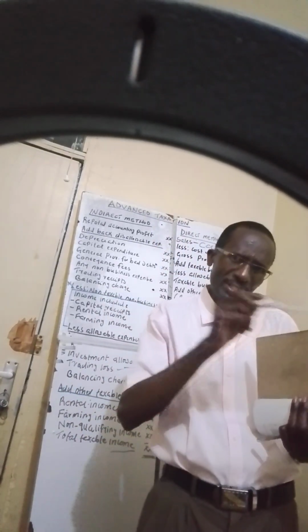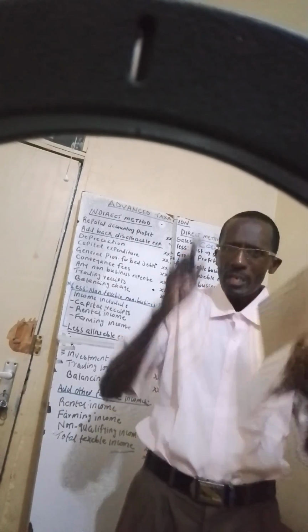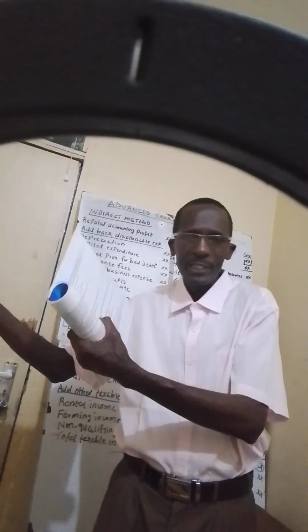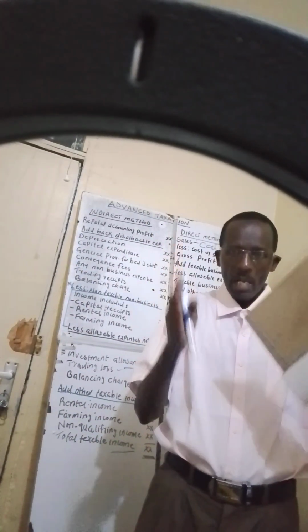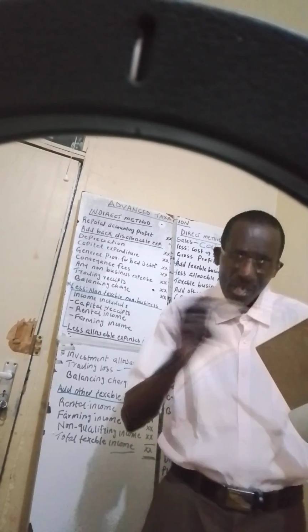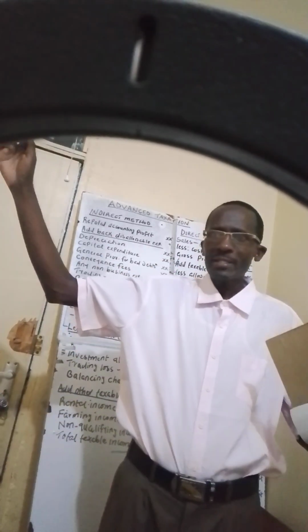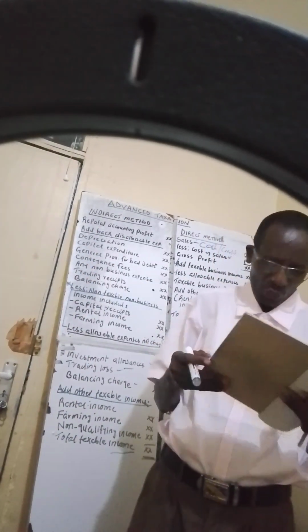For the first 10 months, this was a partnership, but for the remaining months, it was a company. So you have to apportion that business into two periods: first 10 months partnership, and the last months a company. We'll be dealing with such kind of questions.